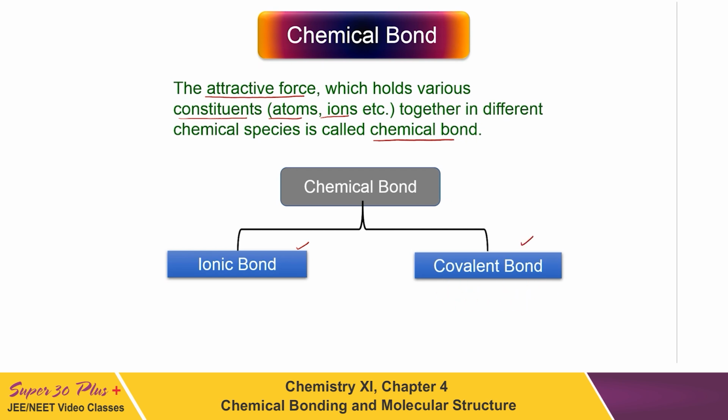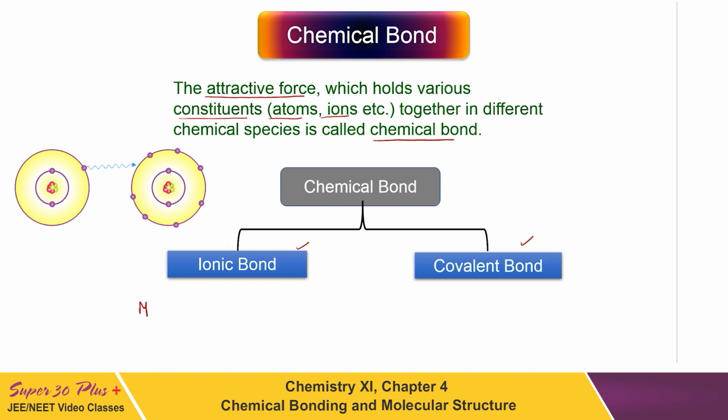Ionic bond is very simple. It is simply transfer of an electron from one species to another. See, if an electron is transferred from M to N, then there will be a formation of M plus and a formation of N minus.